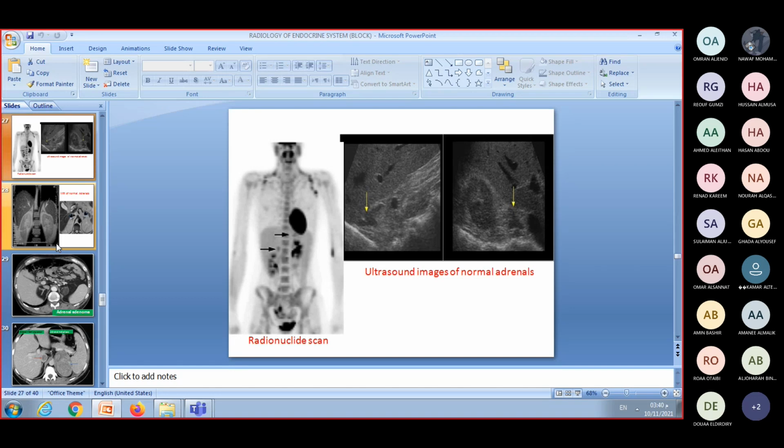So when the thyroid is located behind the sternum, ultrasound is not as good, so we use CT or MRI, and CT is better than plain X-ray.